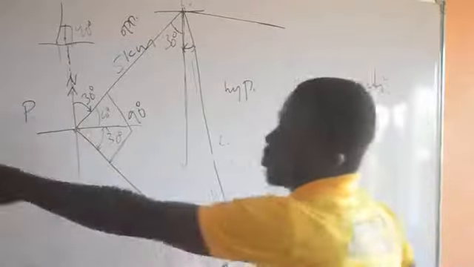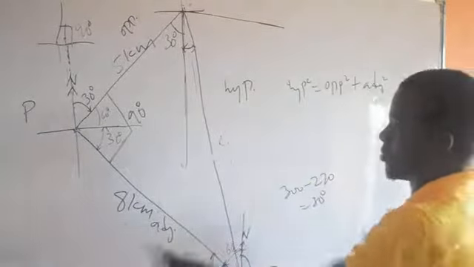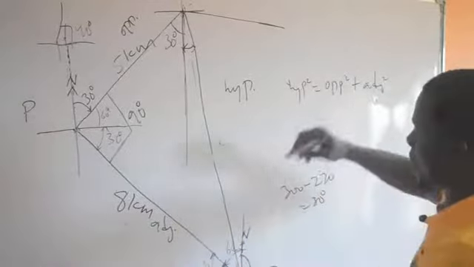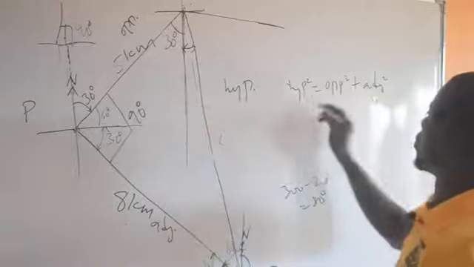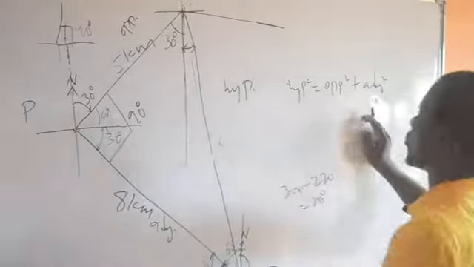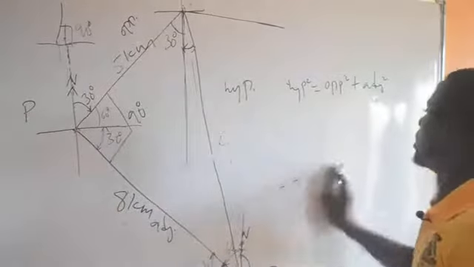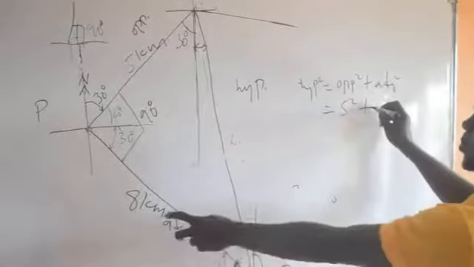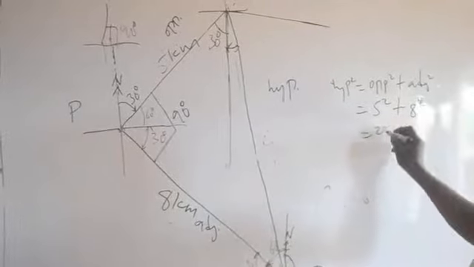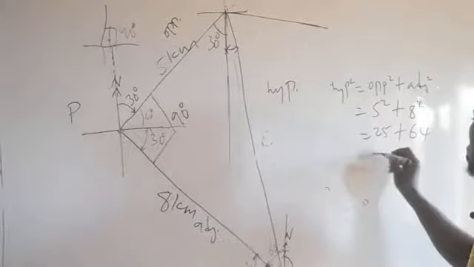From the question, PR is 8 kilometers. So we're going to find distance Q and R. Hypotenuse square equals opposite square plus adjacent square. So our opposite, we take 5 square, and adjacent we take 8 square. So 5 square is 25, 8 square is 64. You sum them up together and now give what?